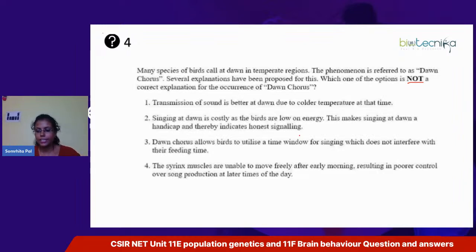So lower morning air temperatures and less active air currents permit the birds' song to travel a long distance without any kind of interference or losses. Okay, so that's why statement 1 is correct.